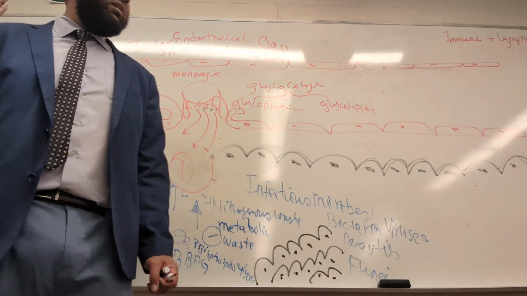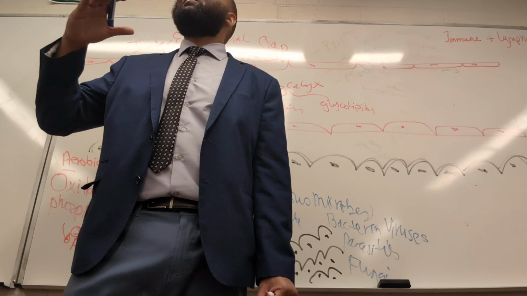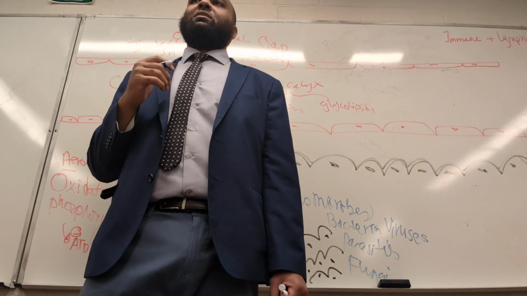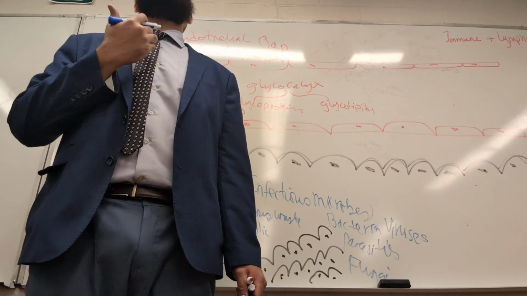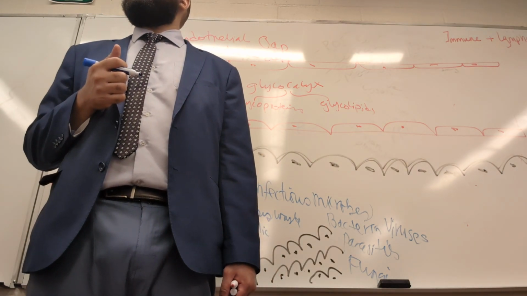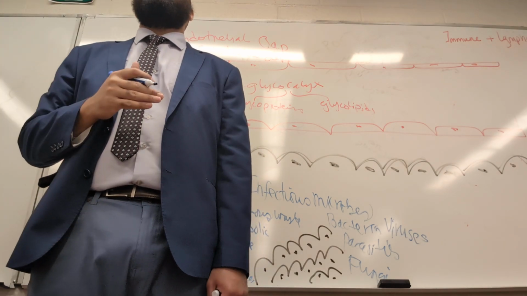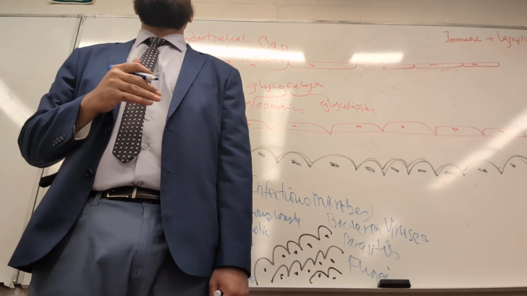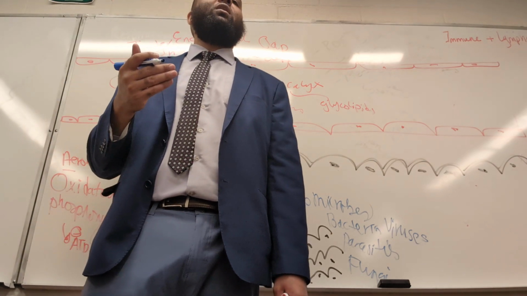So we have to be very concerned. And when you have too few white blood cells, when you have a deficiency in making white blood cells, how does that affect your immune system? So it causes hypoimmunity.